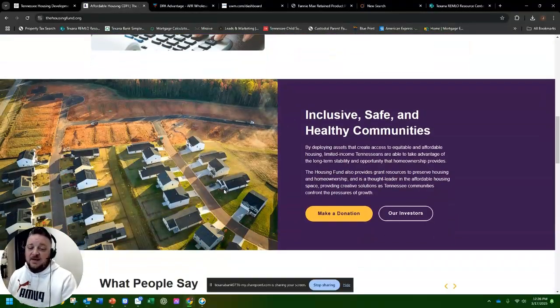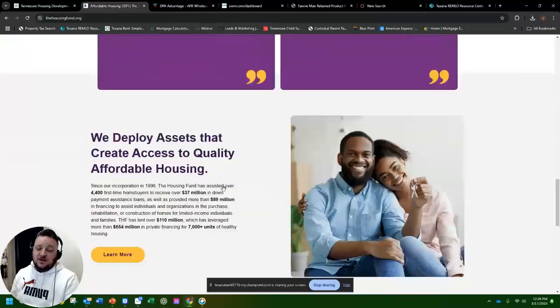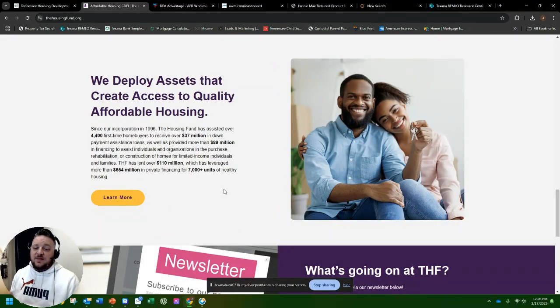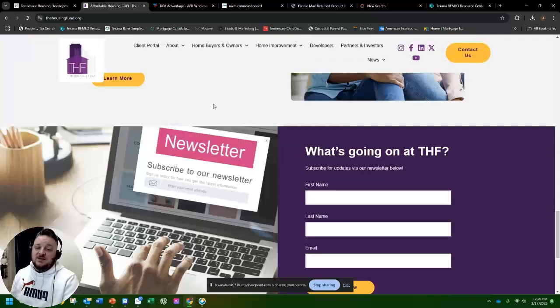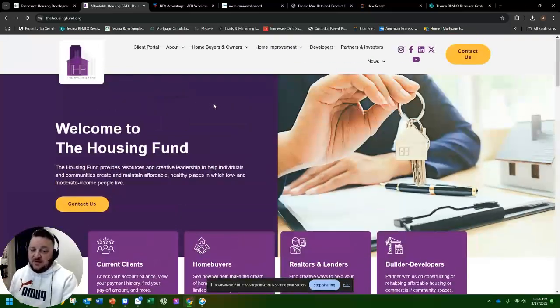Plus, if they're already with the housing fund, there are grants to help them with repairs and remodels. There's a refinance grant inside of there for them to take advantage of. So the housing fund has a lot of availability outside of just general lending practices.